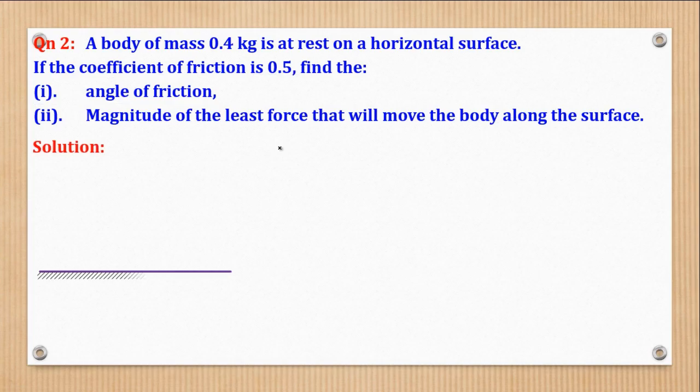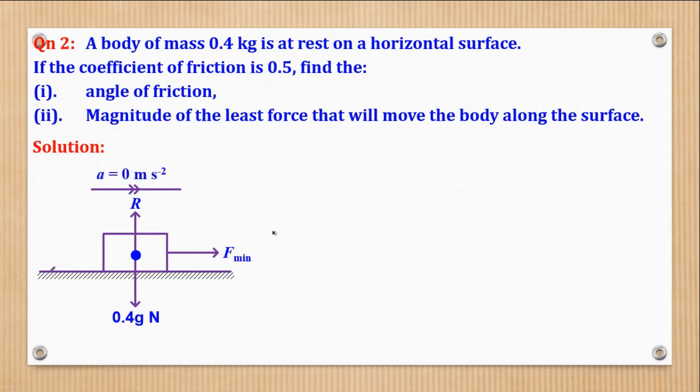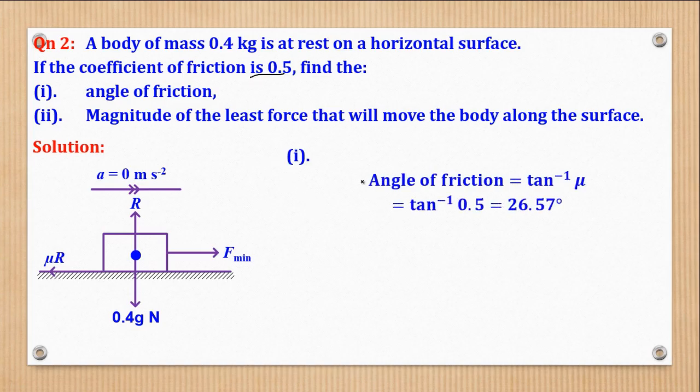So we shall need to illustrate horizontal surface, the body, put the weight because it has mass, then normal reaction, the pulling force, which is now least force, that's why we put F min to mean minimum force. Then the direction of motion and the friction. Then we shall say angle of friction is arctan μ. The good thing we already know the coefficient of friction, so substitute to get the angle of friction.